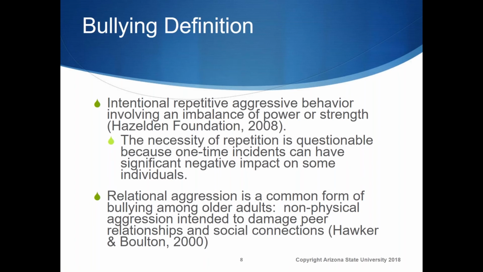Now, what we've noticed among older adults is that it doesn't necessarily need to be repetitive for it to have a negative impact. There have certainly been occasions where just one episode has had a detrimental effect on someone.